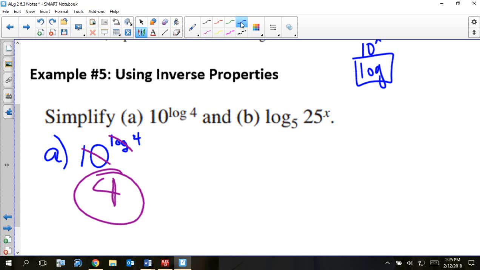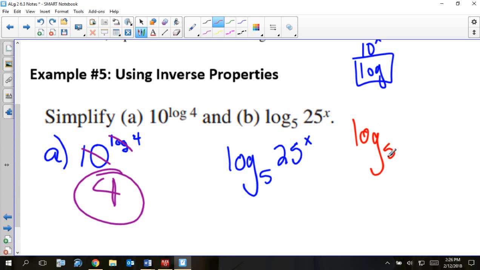Part B is log base 5 of 25 to the x. Now this one's a little bit different. This one has a base 5. The inverse of log base 5 is going to be 5 to the x. These would undo each other.